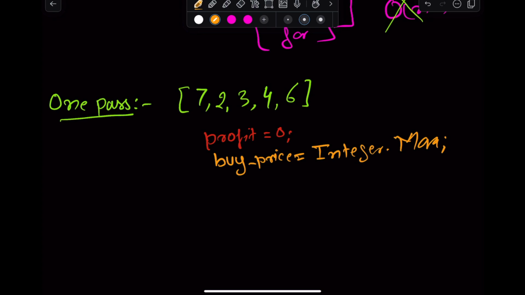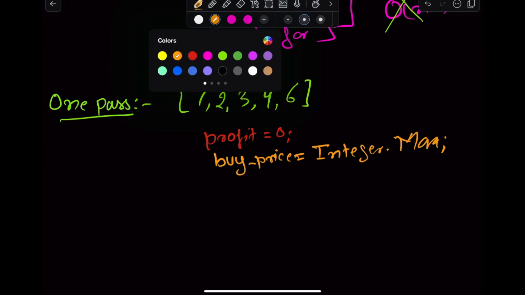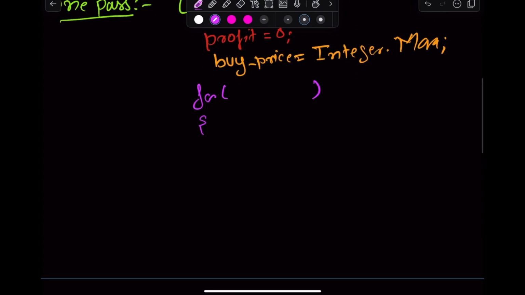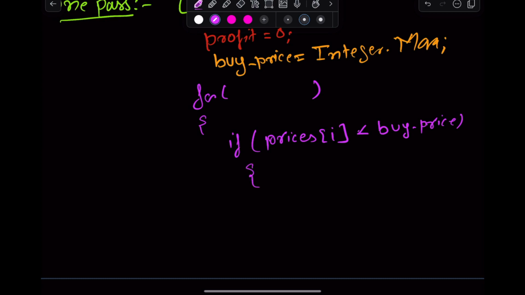Once you have these two variables, create a for loop that will run till the length of the array, and inside the for loop we are going to calculate. We will say if prices dot current value, so if the array is called prices, the value at the current index is smaller than the buy price, then set the buy price to the current value.